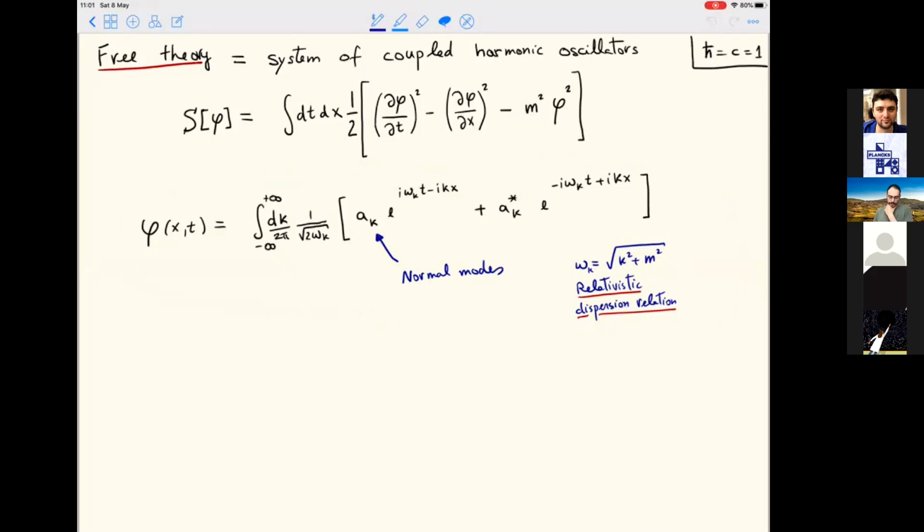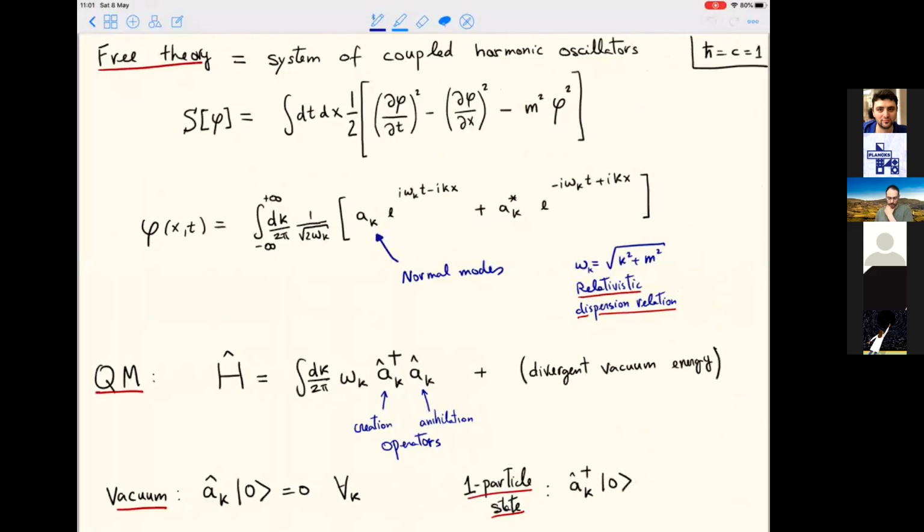And yeah, okay. So, I don't want to go too much into the details. I just want to make this point: if you do quantum mechanics, what you get is that the Hamiltonian is exactly the same as the Hamiltonian for the harmonic oscillator, A dagger A. The plus a half is a problem because there's an infinite number of modes.